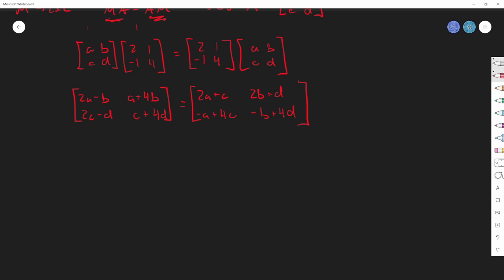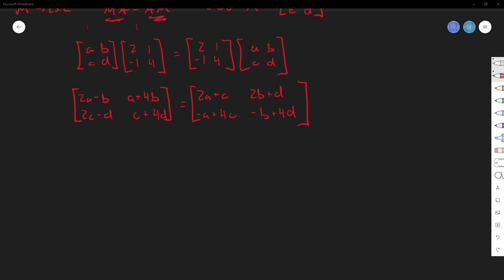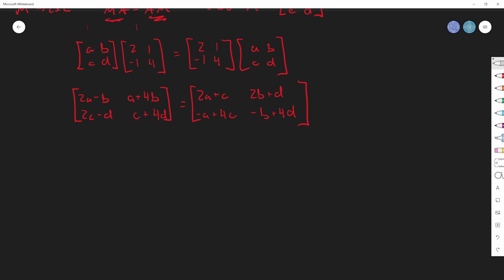Because both sides have to equal each other, and each element is independent from the other elements, we can have a system of equations where each entry is set equal to the corresponding entry.